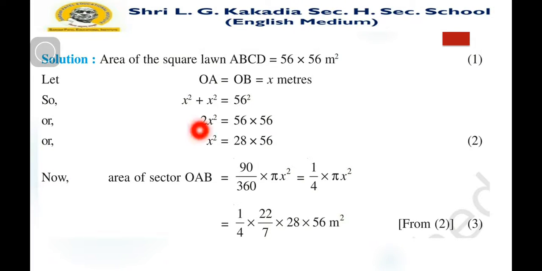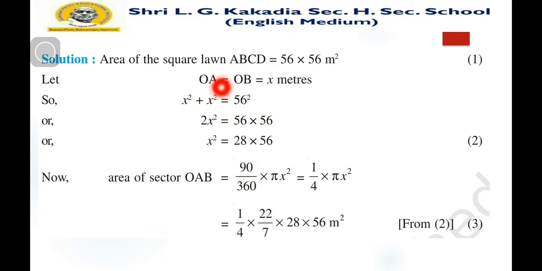Solution: the area of the square lawn ABCD will be 56 into 56 meter square, as the area of a square is given by side square. Let OA equal OB equal x meter.